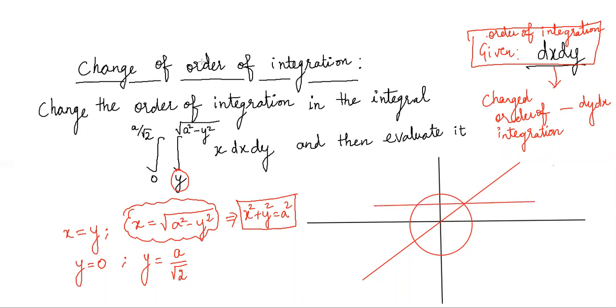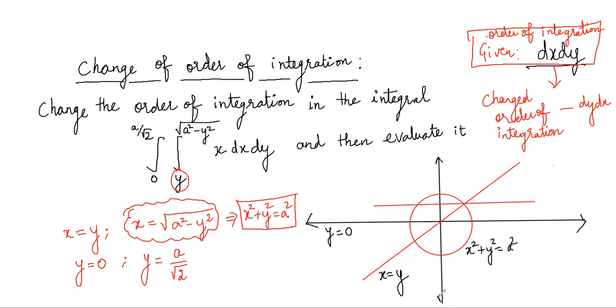This one. Let us name these equations. This is the equation of straight line, x equal to y, the first curve. Then this is the equation of circle, x square plus y square equal to a square. This is y equal to 0, the coordinate axis.